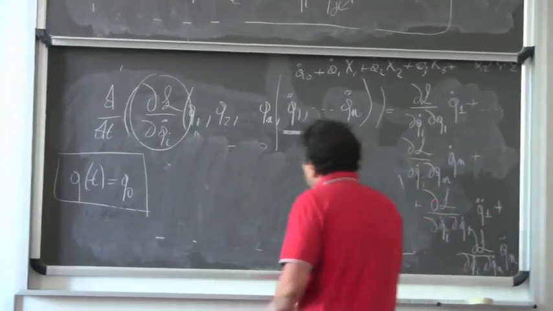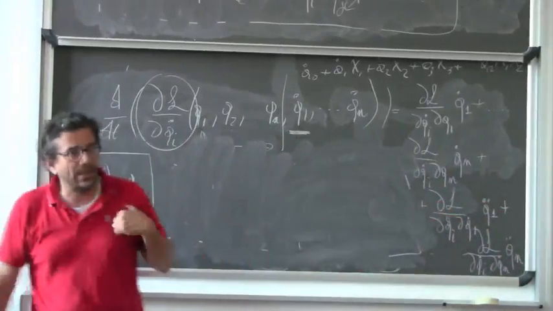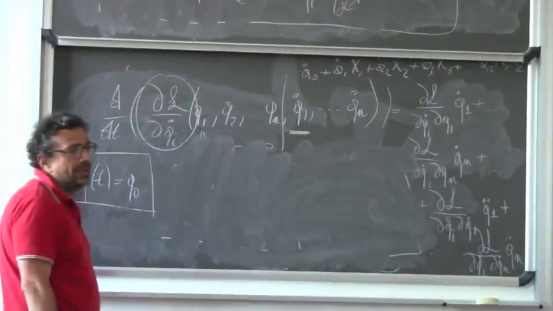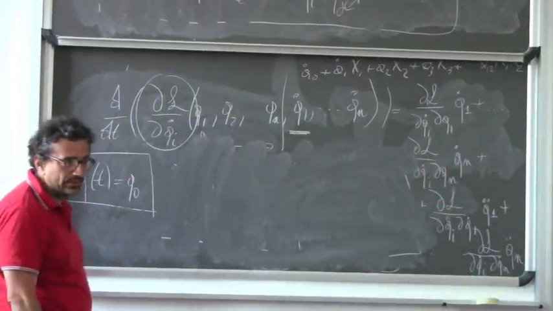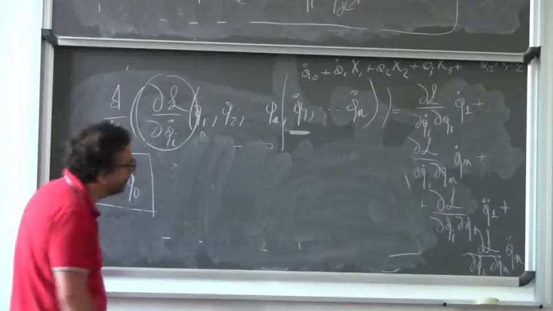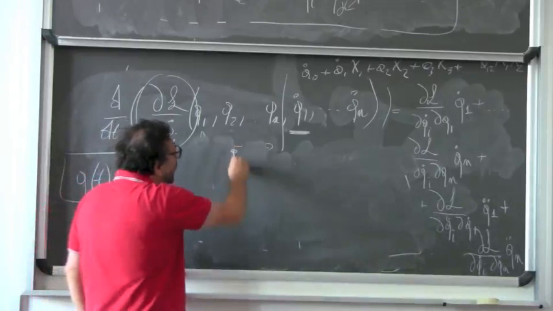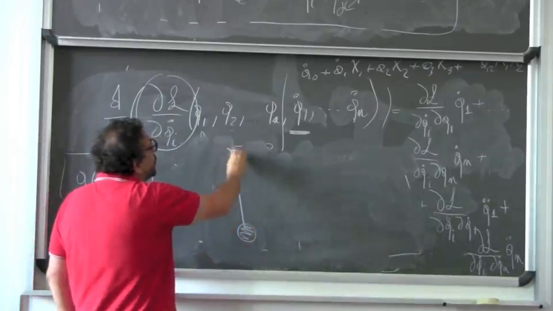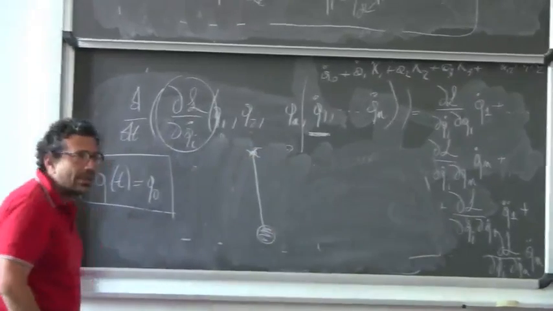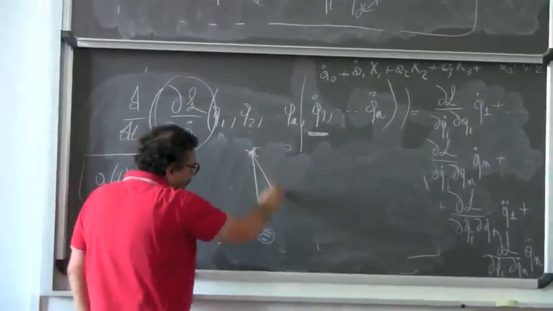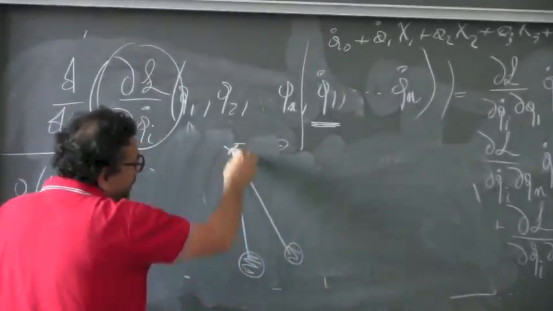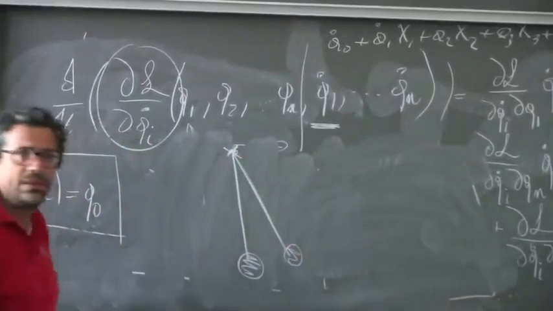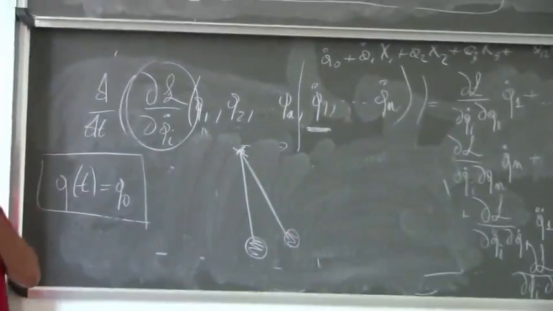This is a problem solved by Galileo. If you have a mass, here you have a suspension point, and this mass is moving with this distance always kept the same.